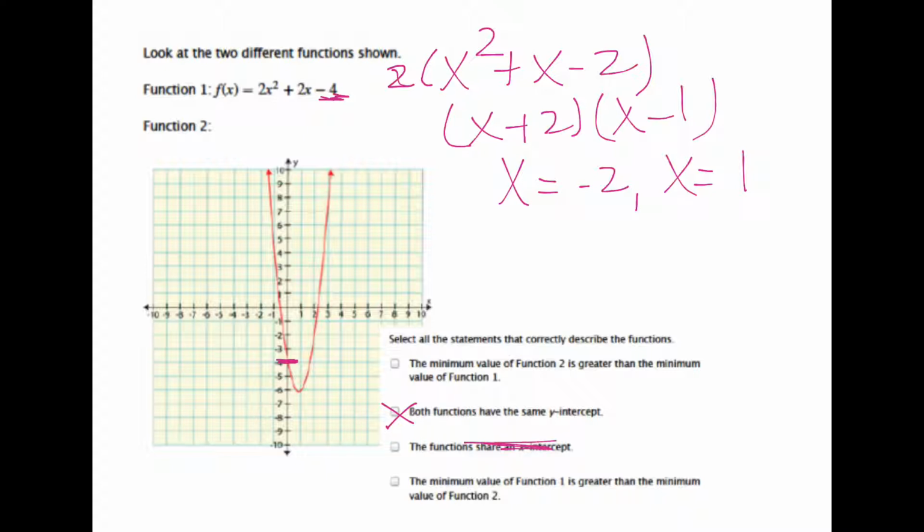The minimum value, that's your vertex. So this vertex is 1, negative 6. The vertex for this one is going to be negative b over 2a. So negative 2 over 4 is negative 1/2. Whenever you plug that in, you should get, I think I got 4.5.